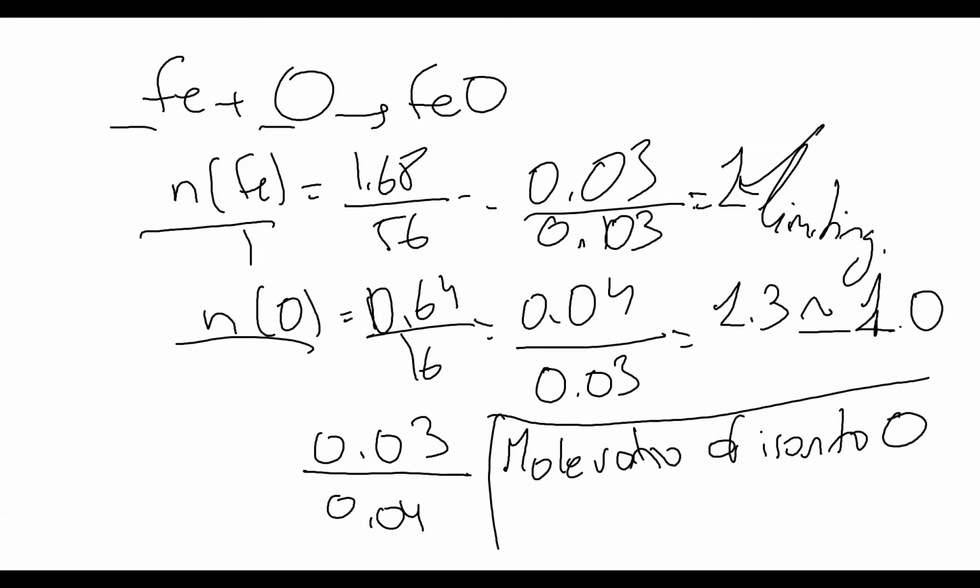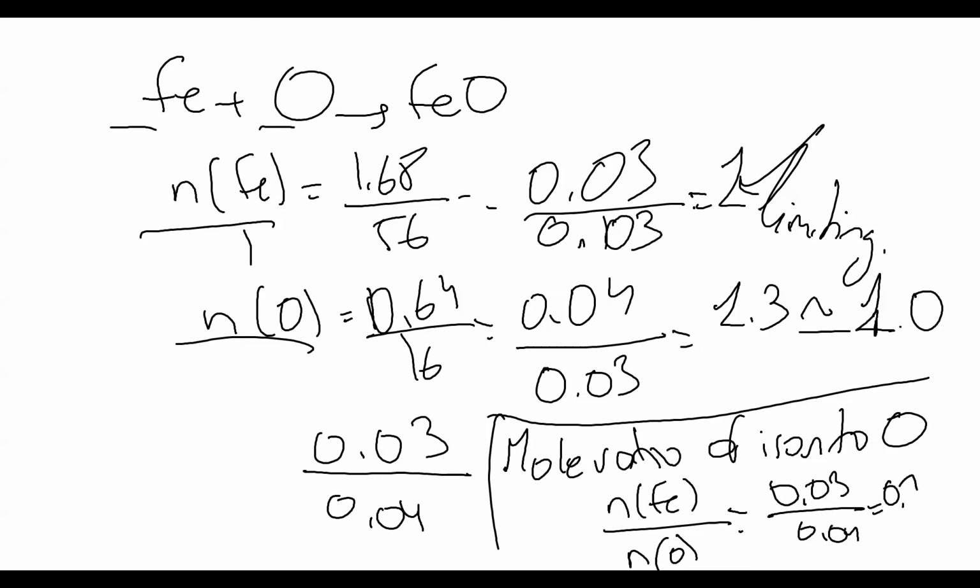It's the number of moles of Fe over the number of moles of oxygen, which means 0.03 over 0.04 equals 0.75. When we want to find the molecular formula, the only mistake I made was confusing the molecular formula with the empirical formula.